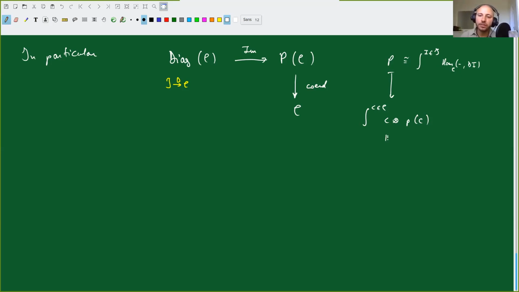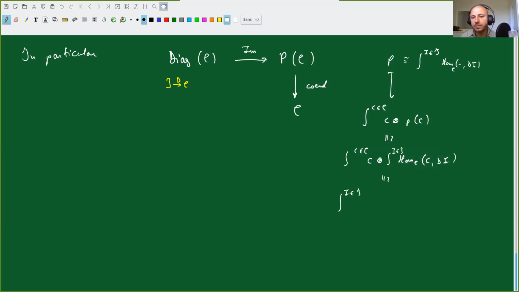So this thing is then isomorphic to, sorry, I forgot an integral. So now we apply the usual Fubini.